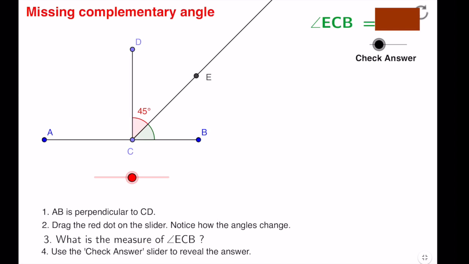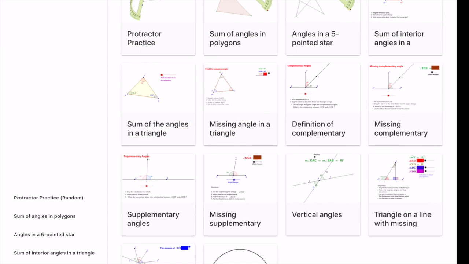So the remaining angle is also, you'll see I'm moving that, 45 degrees, because 45 plus 45 equals a 90-degree angle. And we call this angle ECB complementary to the other angle ECD. Okay, so it's a complementary angle because it completes and complements to become 90. So you can play with this, and you can try different types of combinations yourself.